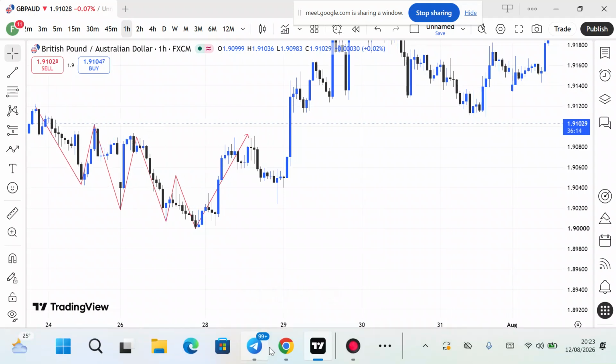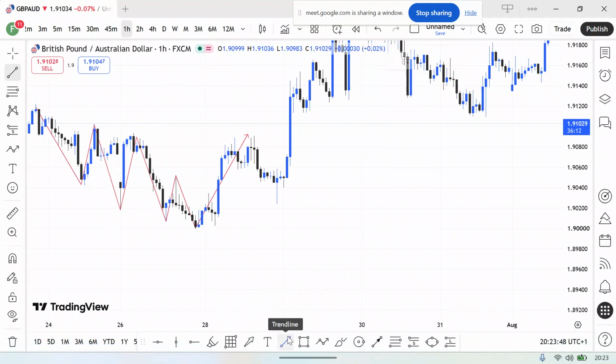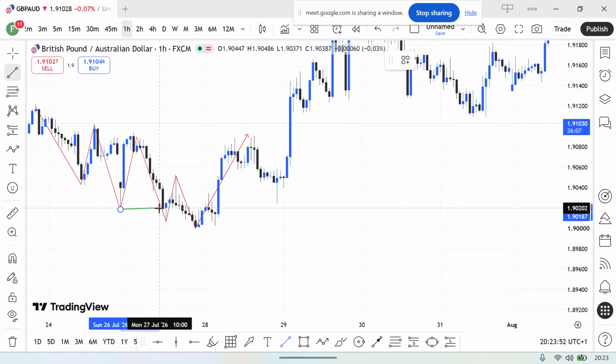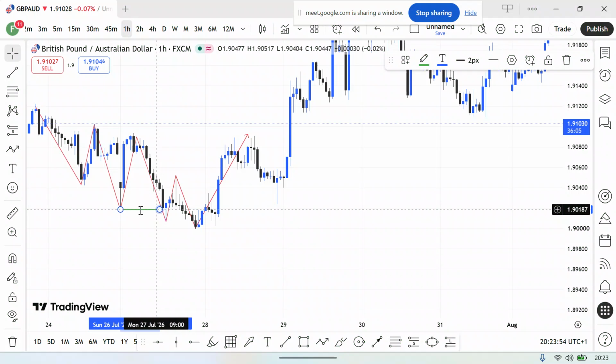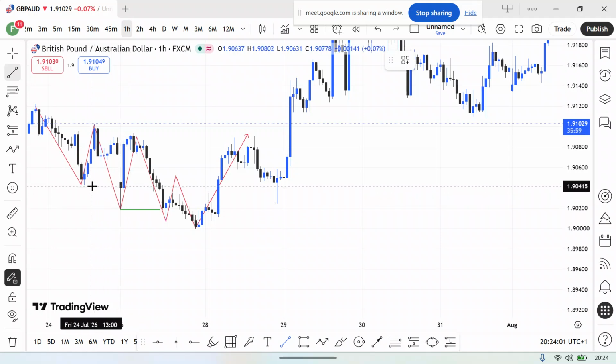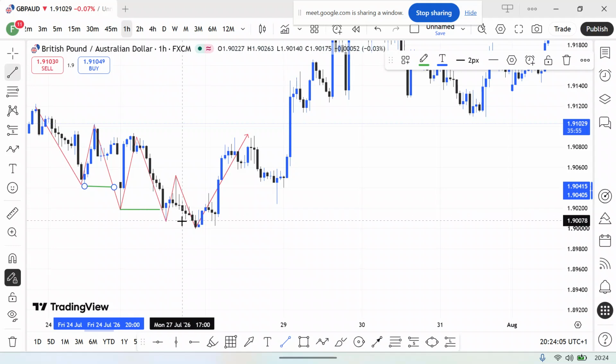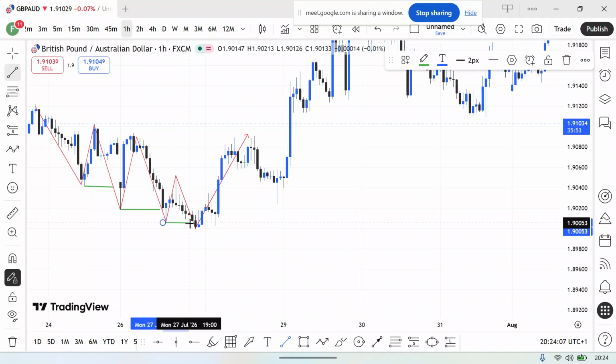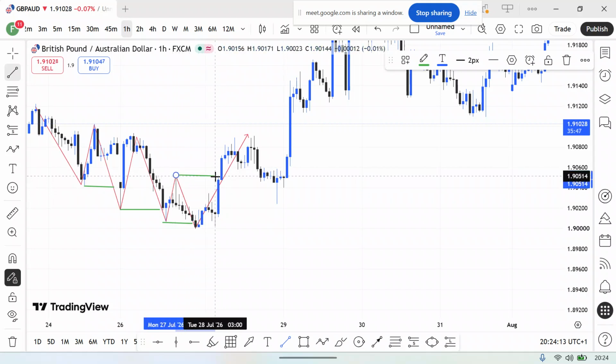So we're having break of structures here, right? We're having break of structure here, break of structure. Break of structure here, break of structure here. But what happened here? Price pulled up and broke through the last lower high.